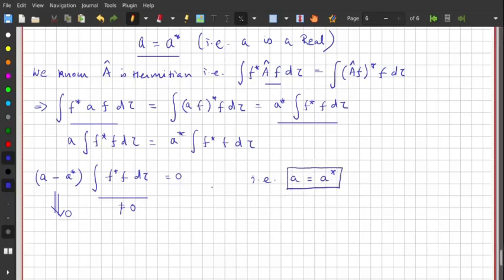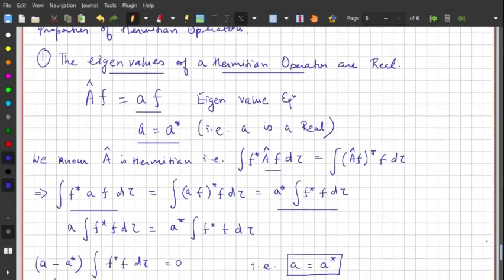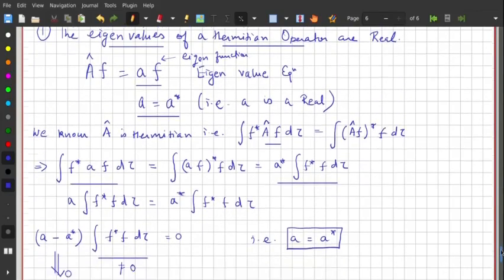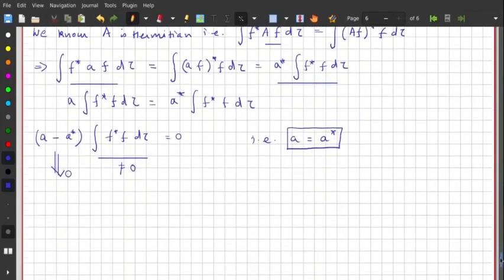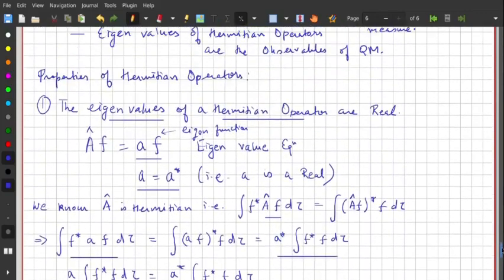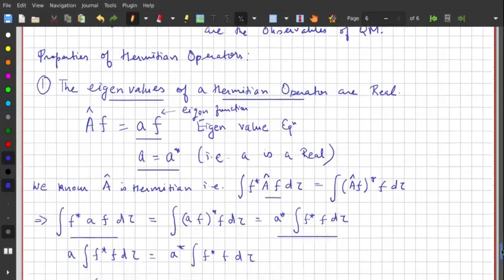Note that f is not an arbitrary function, because this is an eigenfunction of the operator A. The eigenvalues are real, as you can see. So that's a very important property: eigenvalues of Hermitian operators are always real.